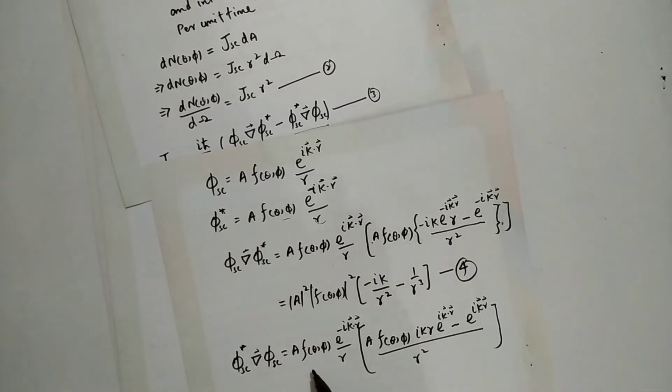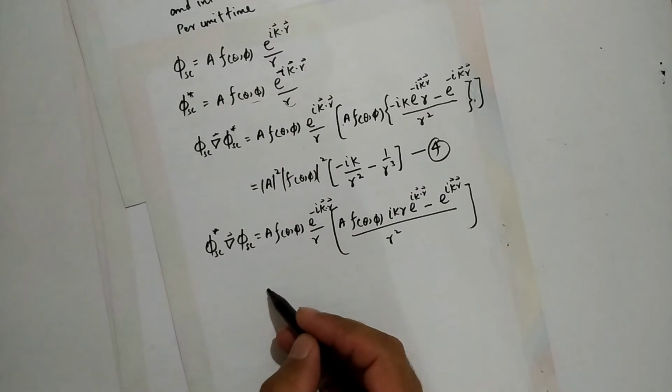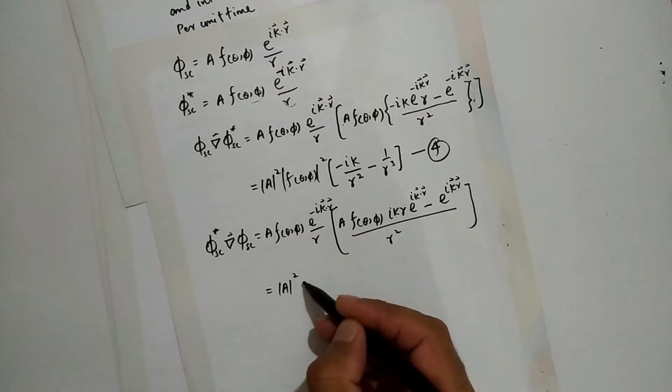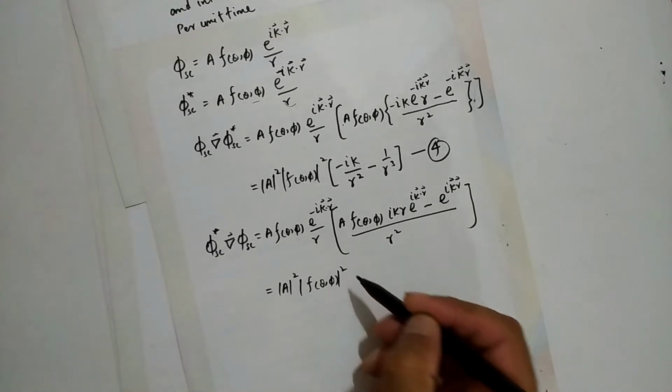So now multiplying this with this one, this will be equal to A square f of theta phi square.